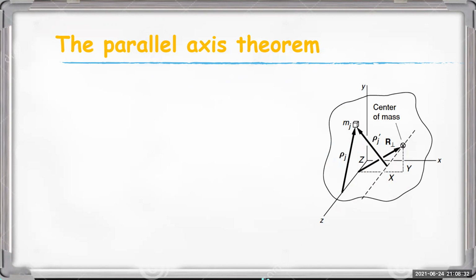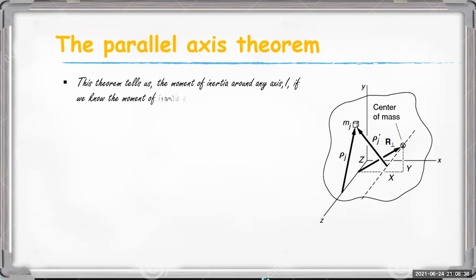The theorem gives us the moment of inertia around any axis if we know the moment of inertia around an axis through the center of mass parallel to the first.